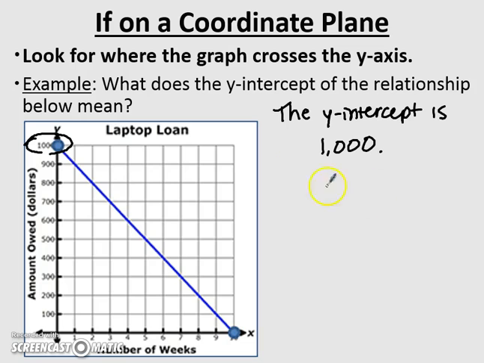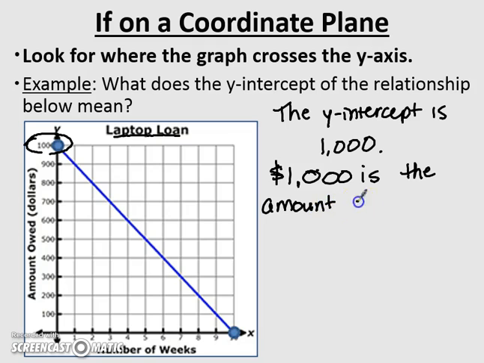So in terms of the laptop loan and 0 weeks paying it back, that must be the amount of money borrowed. So $1,000 is the amount of money borrowed for the laptop loan.